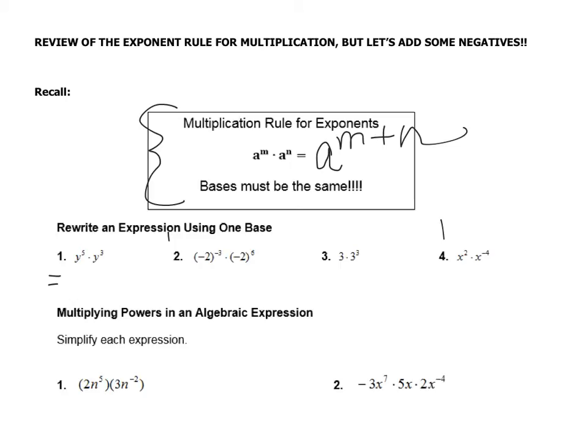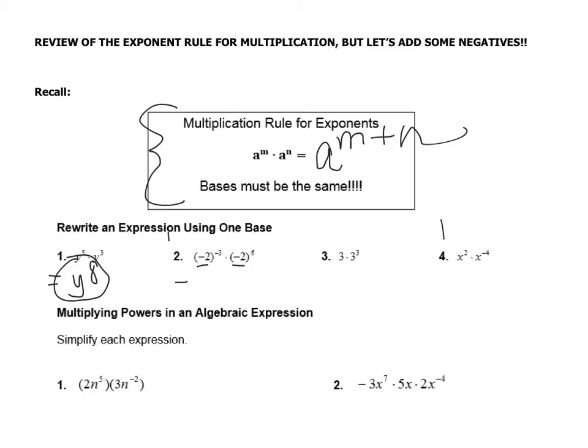Y to the 5th times y to the 3rd is y to the 5 plus 3, or y to the 8th. Not a negative exponent, so you're done. The bases are -2 here. -2 is not a coefficient, so we're not going to multiply -2 times -2. You only multiply the numbers when they're acting as coefficients.